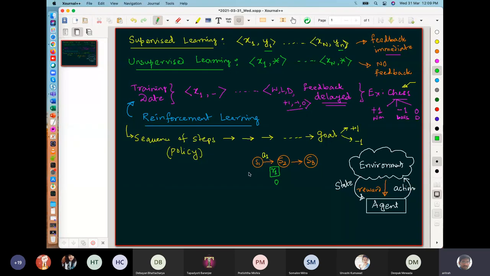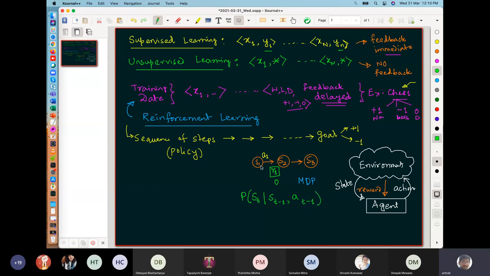So the basic setup of the game, as you can see, follows a Markov decision process. Why? Because if you try to remember the rule of the Markov decision process, the probability of the state at t happening is only dependent on the previous state and the action at t minus 1. Right?